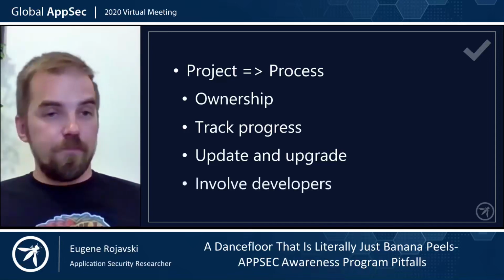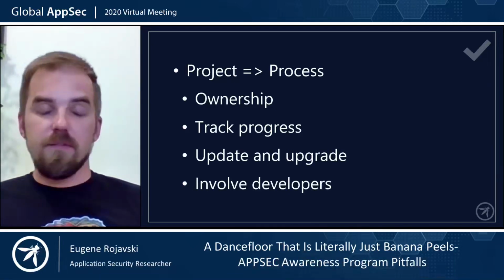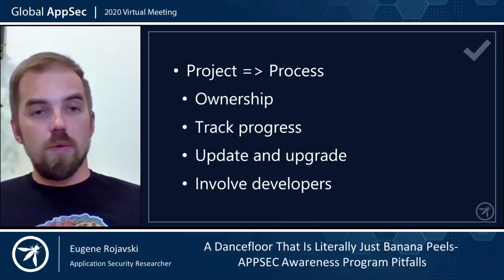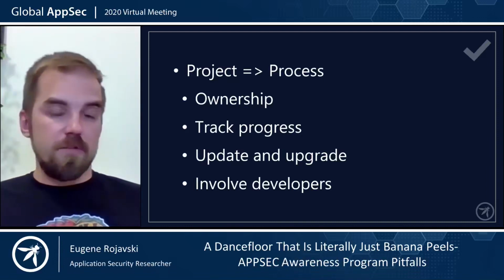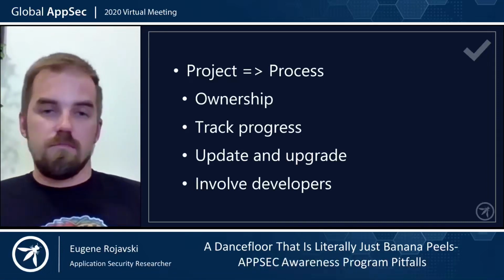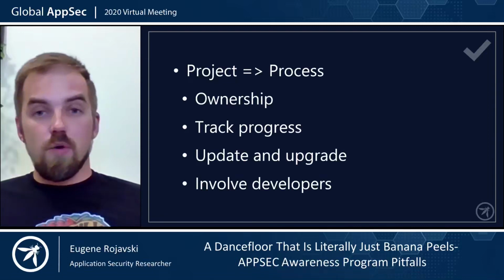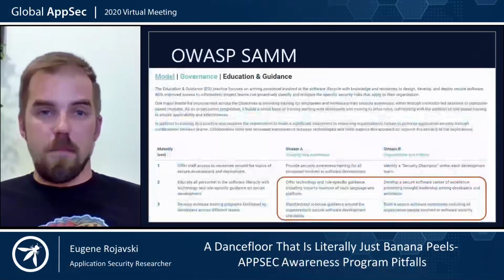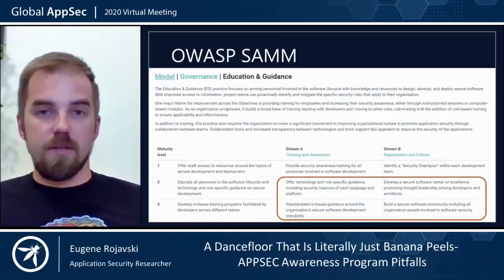And if you manage to give developers the basics, you can go into slightly more complex things that are more AppSec related, like threat modeling or risk assessment, and developers actually can help you with that. So let's go back to OWASP SAM and take a look at the next steps, next maturity levels of it.